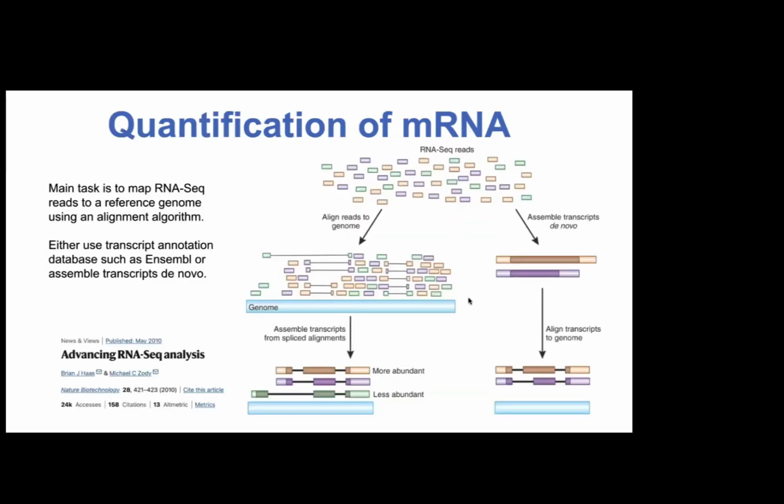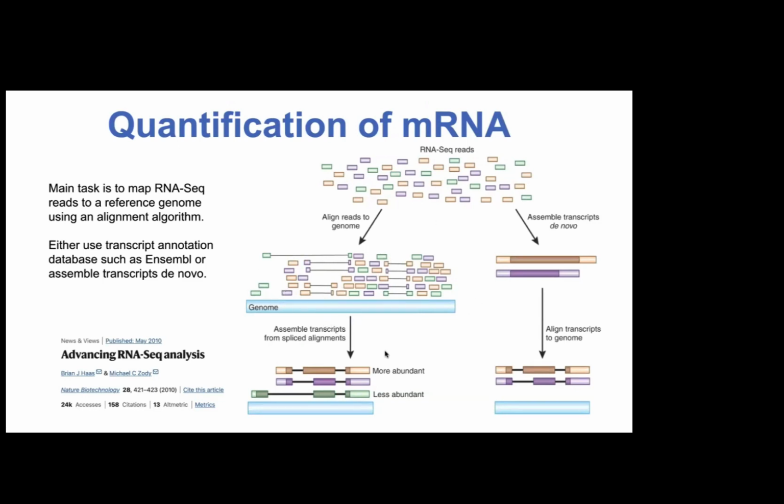As I mentioned before, this is quite a similar slide. We have our RNA-seq reads, and there are two ways we can deal with this. Either we use a reference genome, which we have, because we sequence a lot of species nowadays, and if it's human or mouse, there are full genomes.